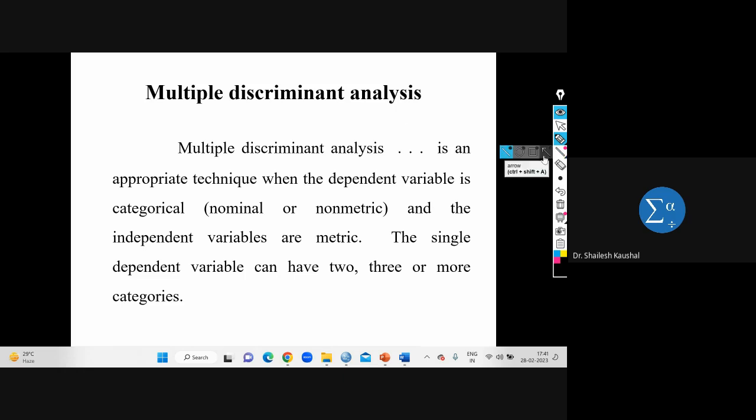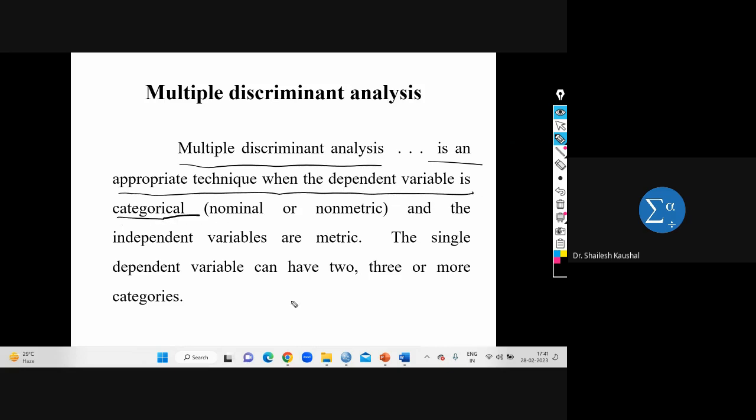Now the question is, what is multiple discriminant analysis? Multiple discriminant analysis is an appropriate technique when the dependent variable is categorical. Dependent variable categorical means nominal, like male, female, rural, urban, private sector, public sector, Kolkata, Chennai.